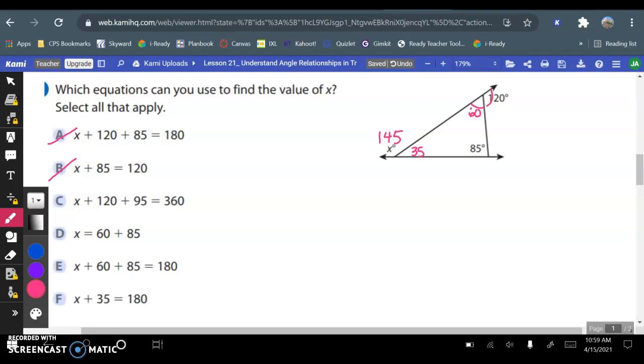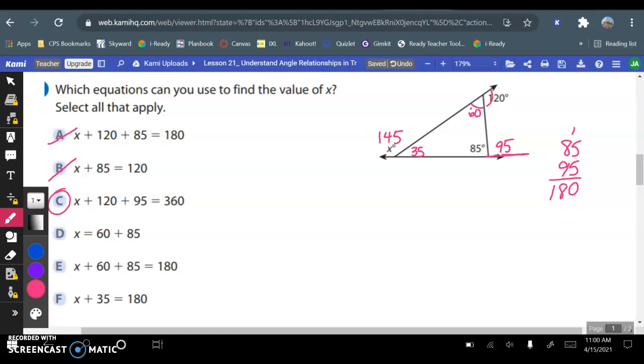Well, we just talked about how the exterior angles of a triangle equal 360. So what they're saying is that this angle over here that we didn't fill out is 95 degrees. So is 85 plus 95 equal to 180? And yes, it is. So that would work out.